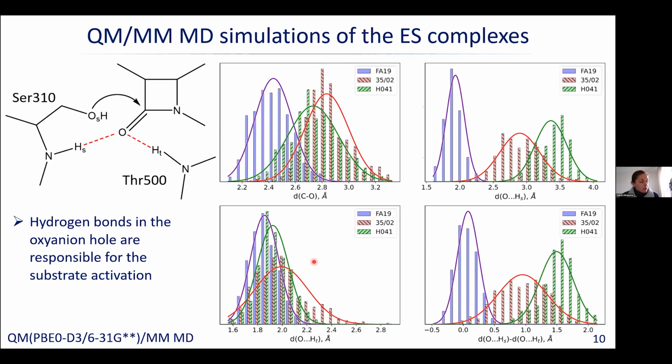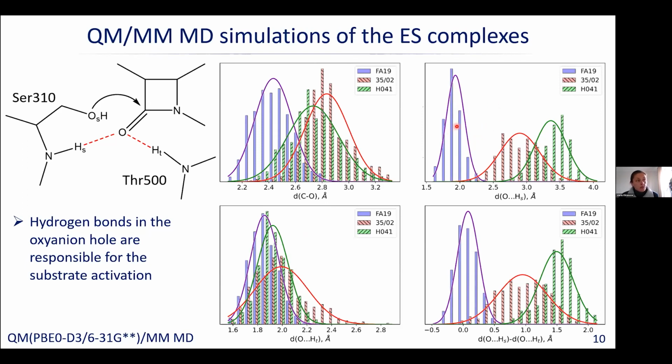So the hydrogen bond is always formed for all three PBP2s between the oxygen atom of the substrate and the OH group of the threonine, whereas the situation is very different for the hydrogen bond with the serine residue.